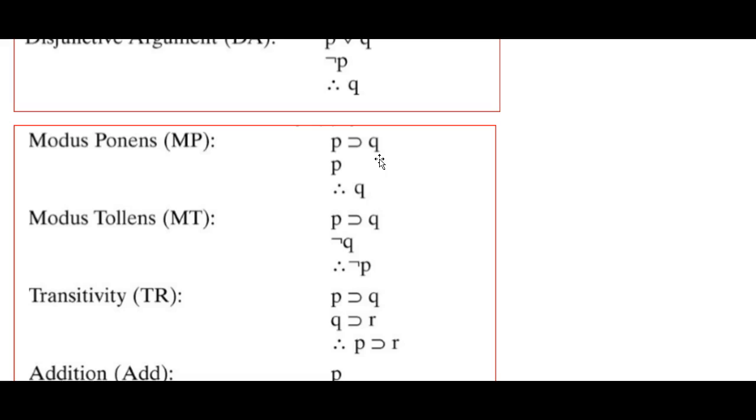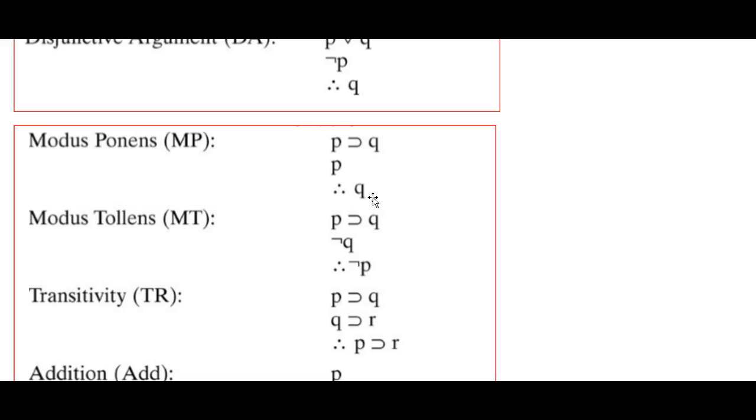So this could be if A then B, if Z then W, or even things that are more complicated. But anyway, if you have a conditional, and then you have the antecedent of that conditional on its own, you can derive the consequent of that conditional. If P then Q and P entail Q.